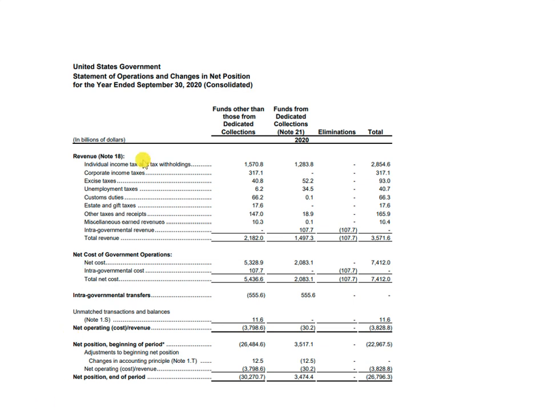You notice there are two separate columns. One is for the funds from dedicated collections, and the other is for other collections. The funds from dedicated collections are funds that are set aside for specific purposes, such as for social insurance purposes.